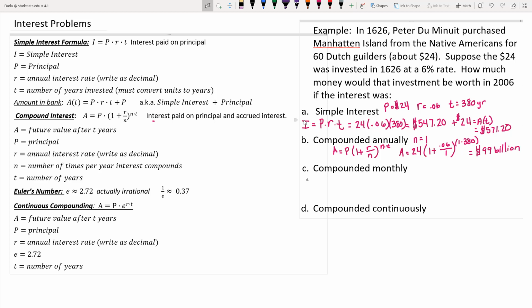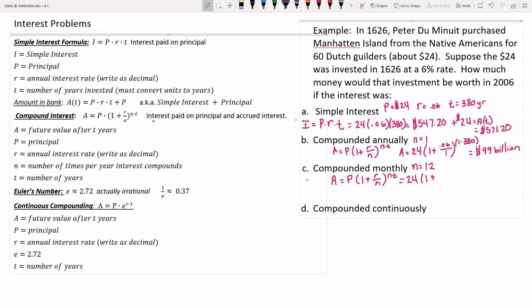So that's significant. If we are compounding monthly, since there's more compounding periods, we would expect that value to increase. If we're compounding monthly, then our n is 12. We would use the same formula where we take our principal times 1 plus r over n to the nt. But this time around, we use the fact that our n is 12.